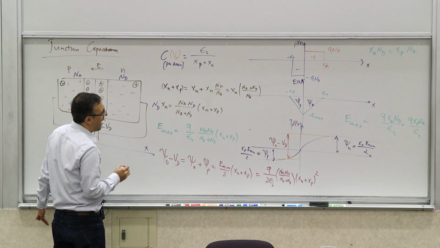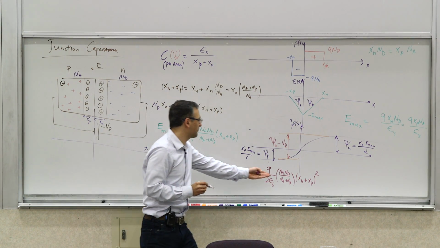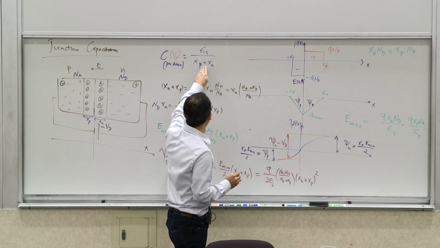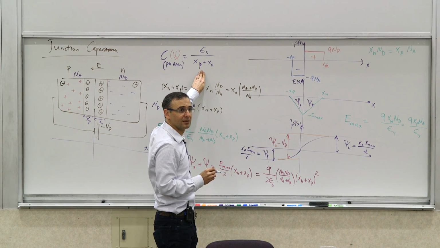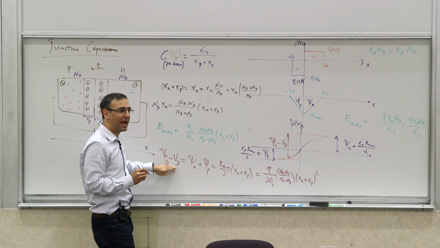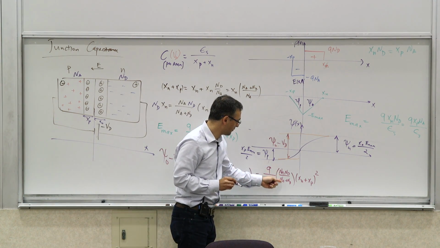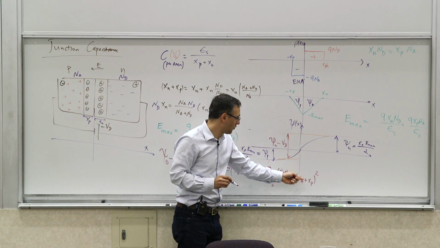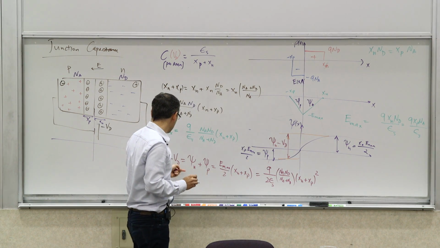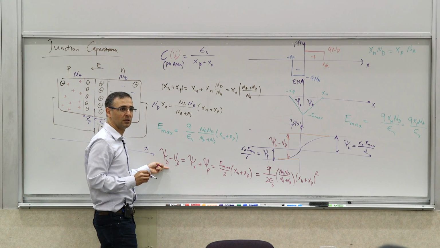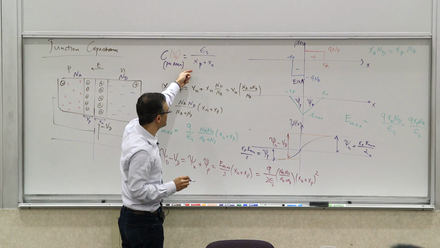And now what we are trying to solve for is xn plus xp to plug back into this guy and get our capacitance as a function of Vd. Because now these are physical constants, these are design parameters. We'll solve for xn plus xp, and this is the voltage and the built-in potential. And then we plug it back into this guy to solve.